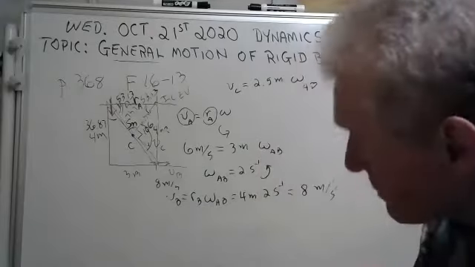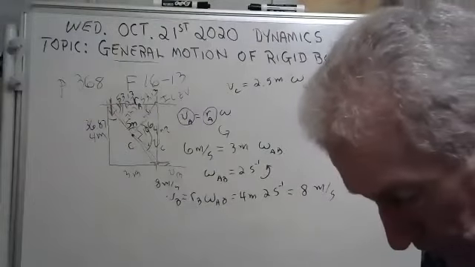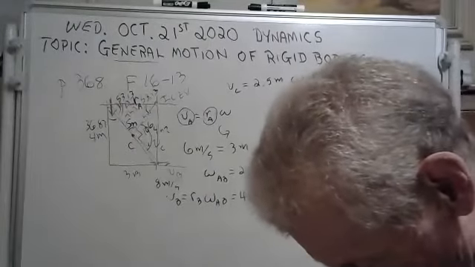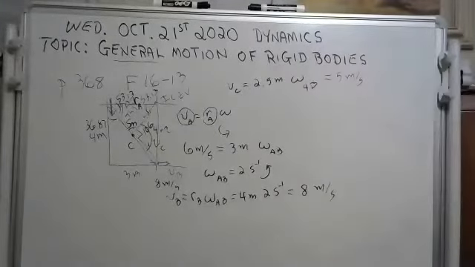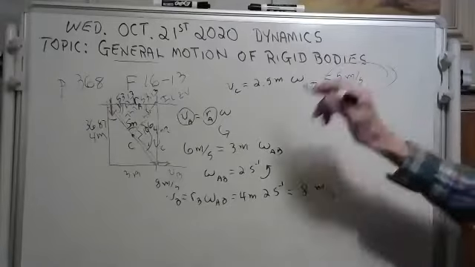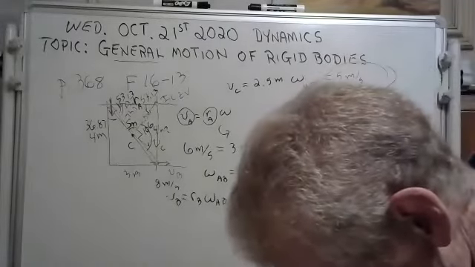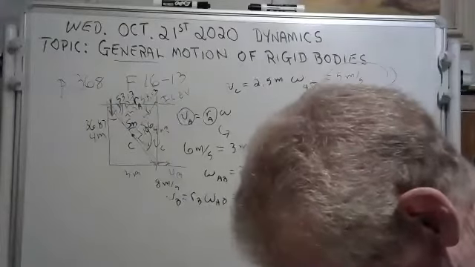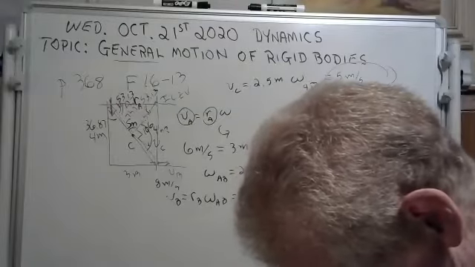No, it's F16.13. I'm looking at the wrong one. They said the velocity of C is 5 meters a second. Hey, that's what the answer book says. We did great. And they said something about theta is equal to 36.9 degrees.